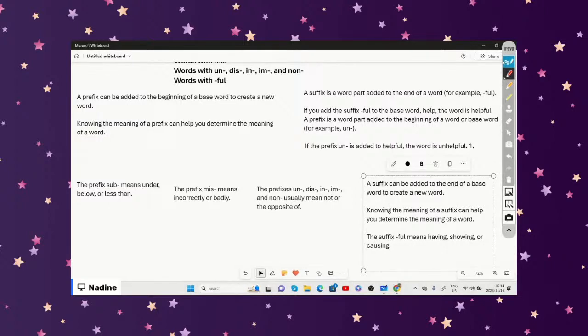And if we think of something that is under, we can say it's a submarine. We can even say subsea, meaning it's under the sea. Or subtract, just to show the less than part.